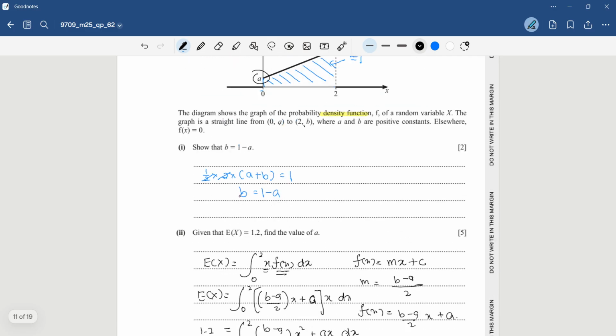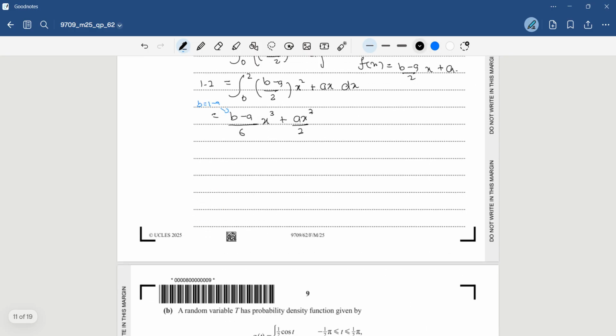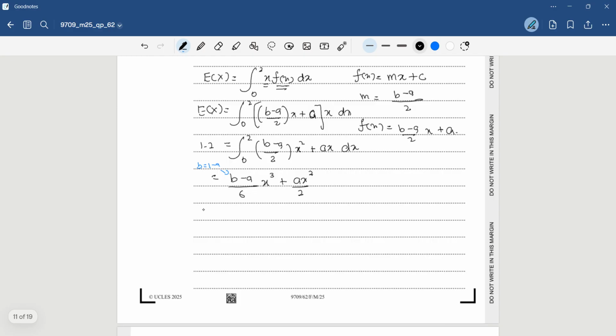And remember, your b is equal to 1 minus a. You can substitute your b equal to 1 minus a. So (1 minus a) over 6 and x equal to 2 cubed, plus a times 2 squared over 2, minus 0, because when you substitute 0 you get 0, equal to 1.2.